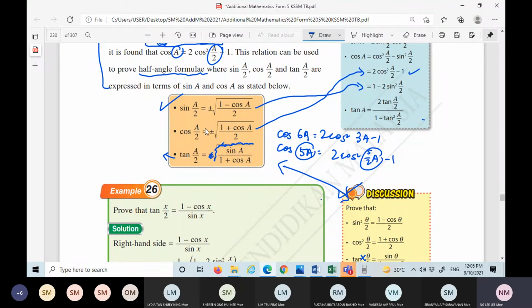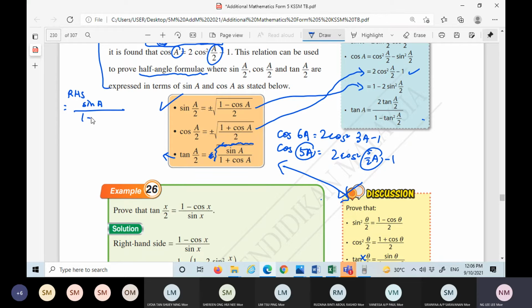Because I don't know how you want to memorize all this, and I don't know whether you will use it or not. In case they ask you to prove this, at least you know. So for proving this, we start from the right hand side. Okay, we start from the right hand side. So right hand side, we have a sine A.